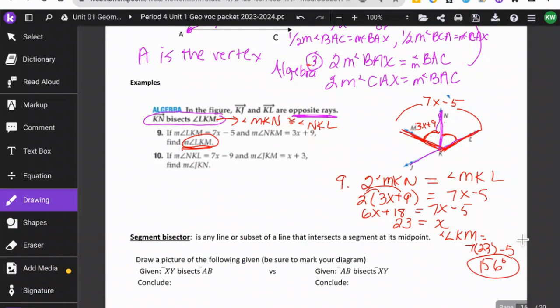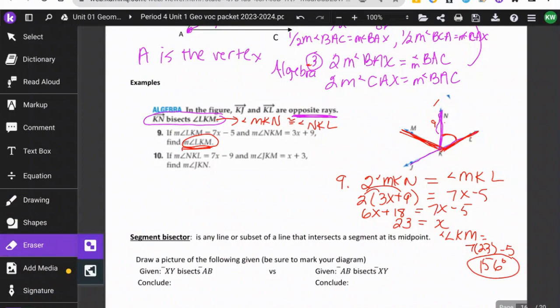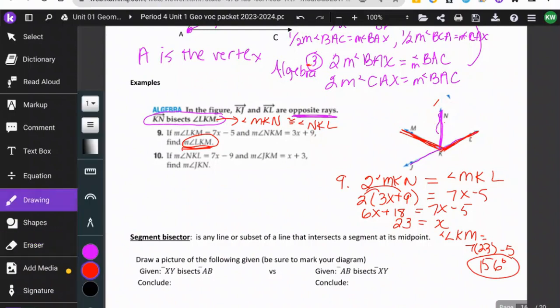All right, for the other one, I'm going to erase my picture and fill in the new information. They still told me that it bisects up in the top, so that still holds. But now NKL is 7x minus 9, and JKM over here is x plus 3, and they want me to find JKN.